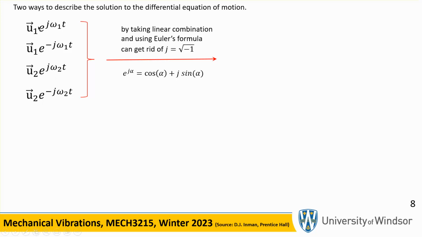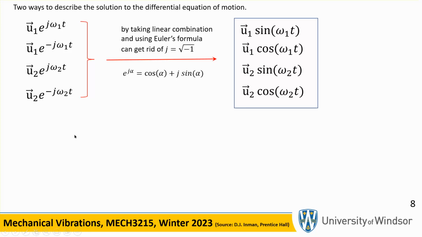If you subtract them, you're going to get u1 times j times 2 times sine. All I'm trying to tell you is that, instead of taking it like that, if you don't like complex numbers, you can look at it like this. Where did we get sine? We took these and added them up and subtracted them.